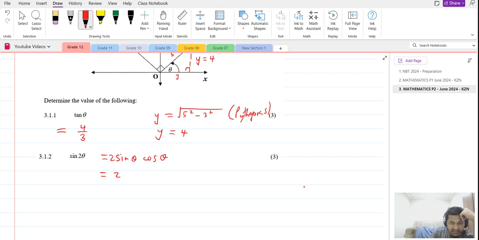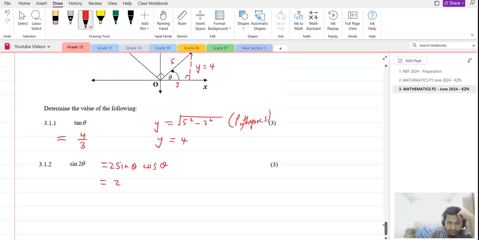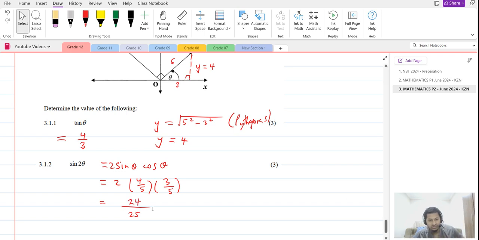What is sine theta? From the diagram, sine is opposite over hypotenuse, 4 over 5. And cos theta is 3 over 5. So if you multiply everything out, you're going to get 25 in the denominator. That's 12 times 2, which is 24 over 25. I just use a calculator to multiply that out as well.